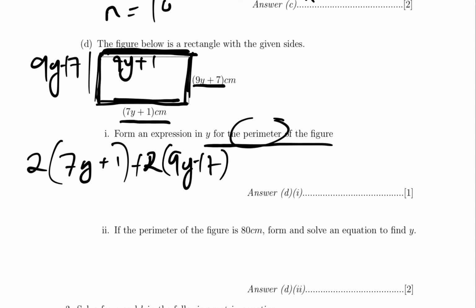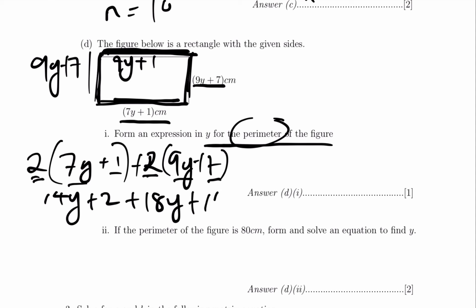Now we just have to simplify this expression. 2 times 7y, that's 14y. Then 2 times 1, that's 2. Plus 2 times 9y, that's 18y. Then 2 times 7, that's 14.